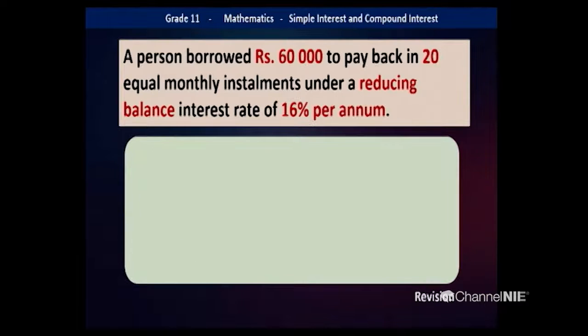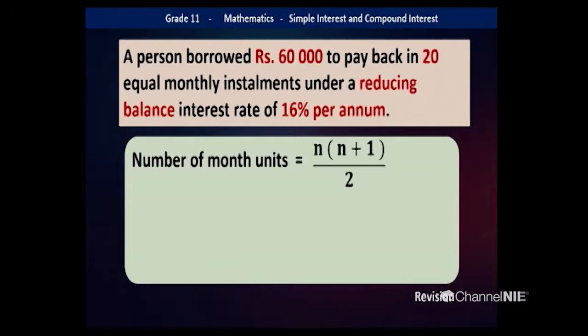Then after that, there is something called number of monthly units. How to calculate it? Small days, you studied this formula to find the triangular numbers or to find the addition of digits, maybe 1 to 10, 1 to 100. Using that formula, we can find the number of monthly units, n into n plus 1 divided by 2.